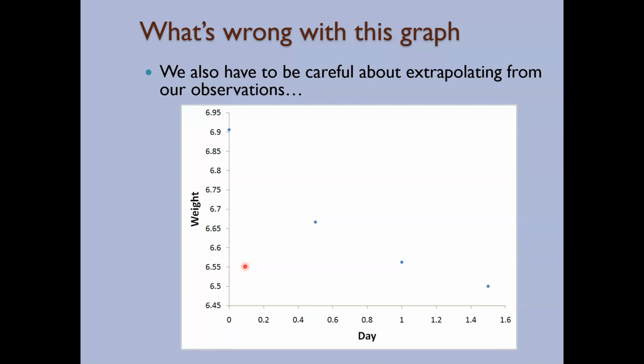It should be like time, with days in parentheses. And the other question is, I don't think day is the best measurement of time if your time scale is only a day and a half. Maybe you should have measured that in minutes or hours. So it's a poor choice of the measurement unit and poor labeling of the axes.